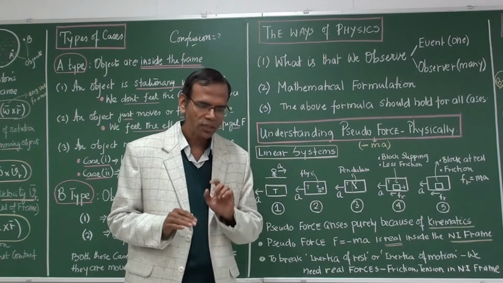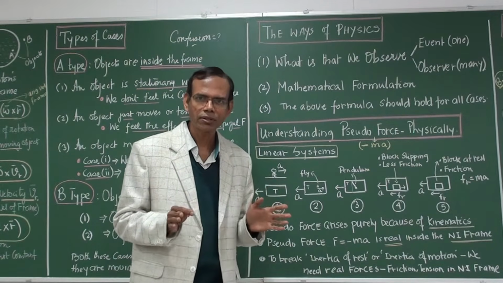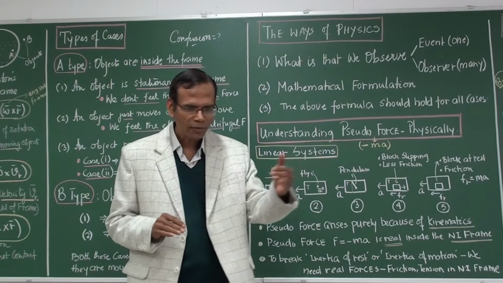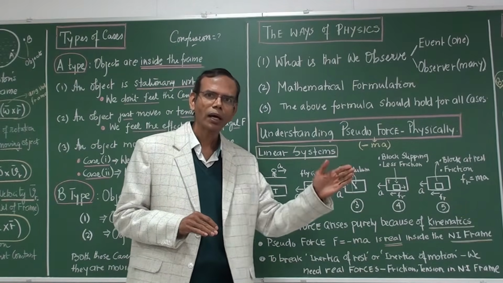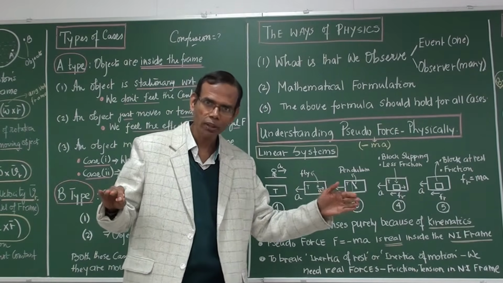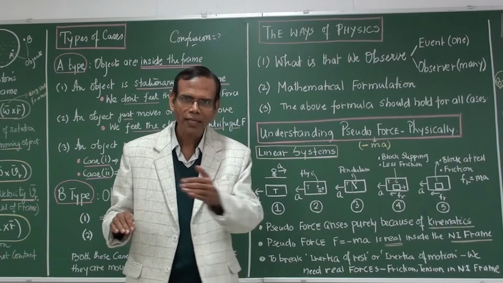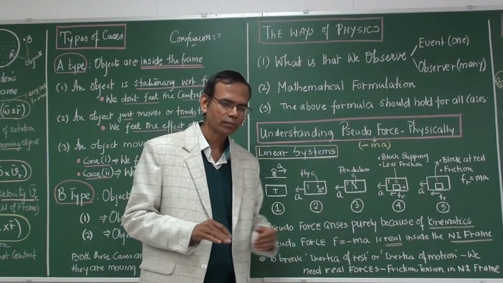Another man at the station will see him standing at rest. A man traveling in a train will see him moving either with uniform velocity, if the train is moving with uniform velocity, backward, or if the train is accelerating, he will see that the man is accelerating backward.